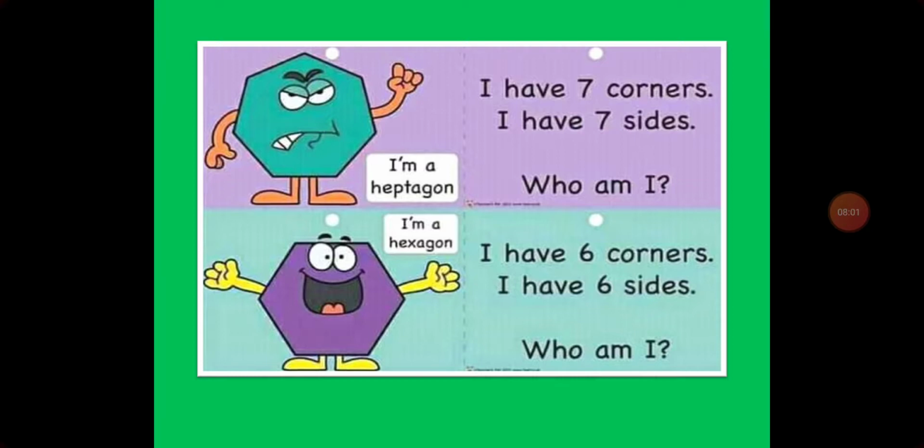And the next is I have 6 corners and I have 6 sides. Wow, who am I? Hexagon. Yes, how many sides? 6. And how many corners? 6 corners as well. Okay.